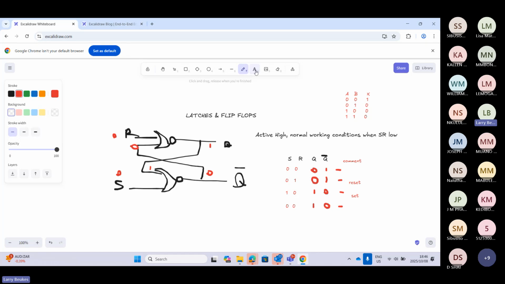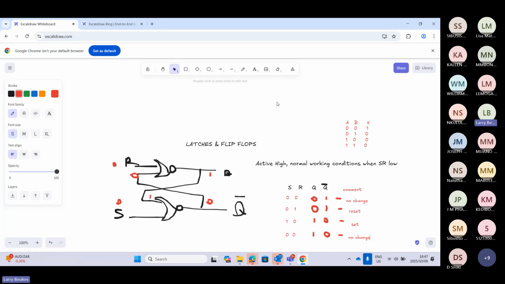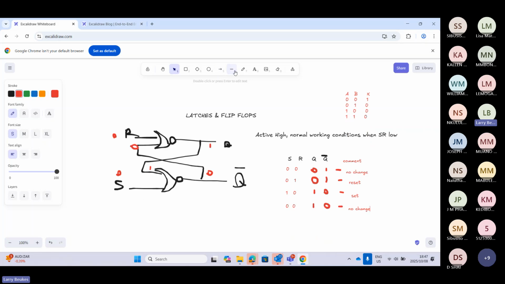So you can just write no change. Then after this, we have one more combination. I just wanted to show you guys here what it means. So here you can just put X, X and then write no change.